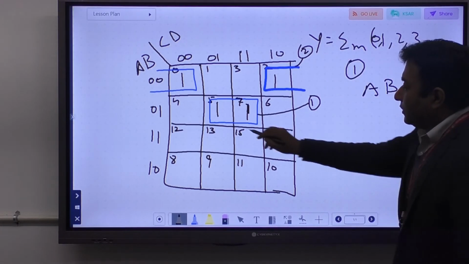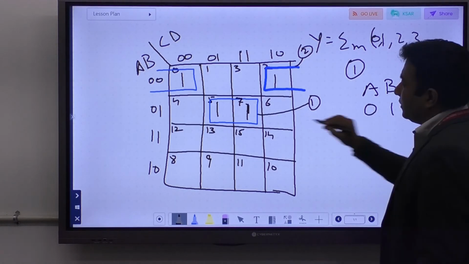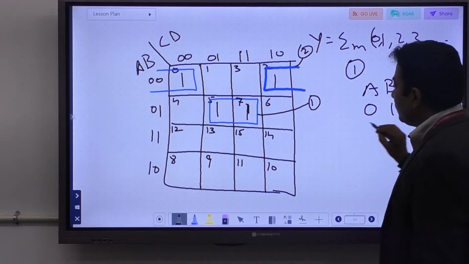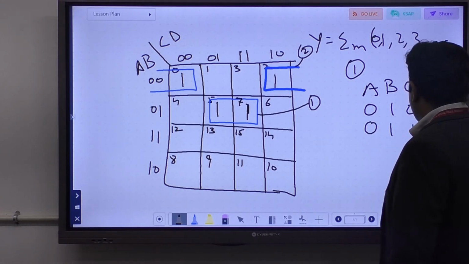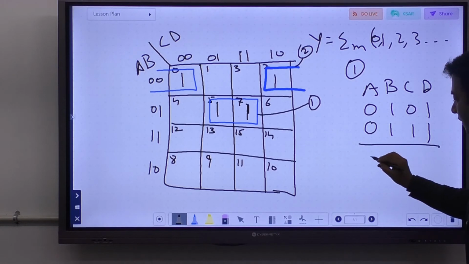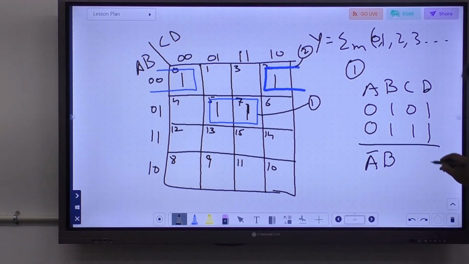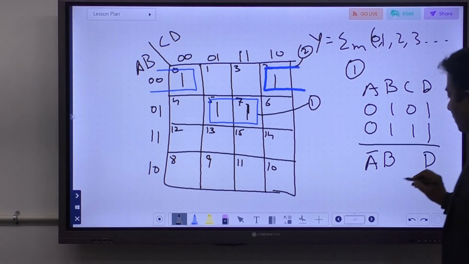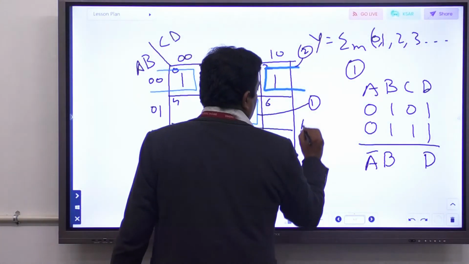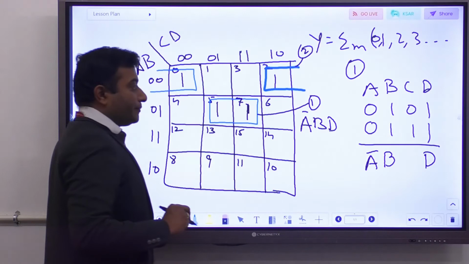For group 1, this positional value is 0, 1, 0, 1. This positional value is 0, 1, 1, 1. So what we would be getting is A bar, B, C is not consistent, that's why we are eliminating it, and D. So your output from group 1 would be A bar, B and D.